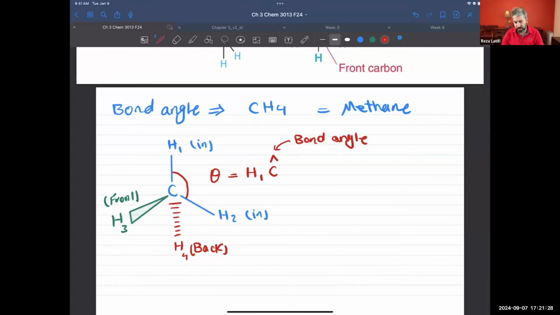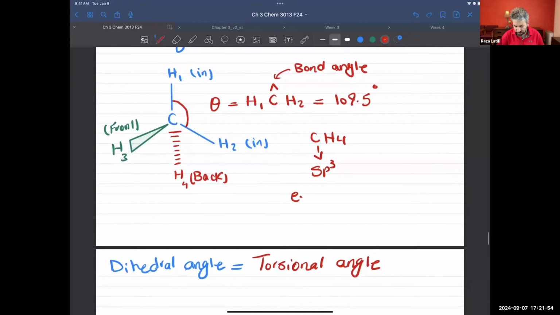I can pick any atom, and I'm going to go after number two. The bond angle between hydrogen number one, carbon, hydrogen number two is supposed to be equal to 109.5 degrees. Why? Because you're dealing with a carbon that has sp3 hybridization, and the molecular and electron geometries are going to be tetrahedral.